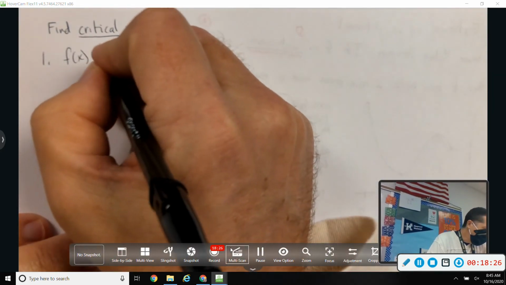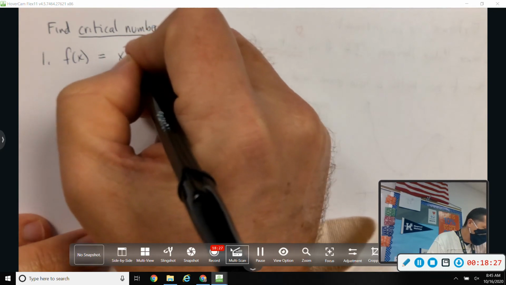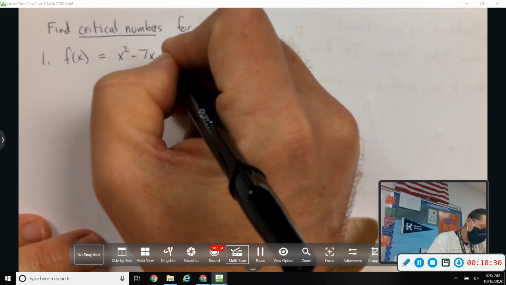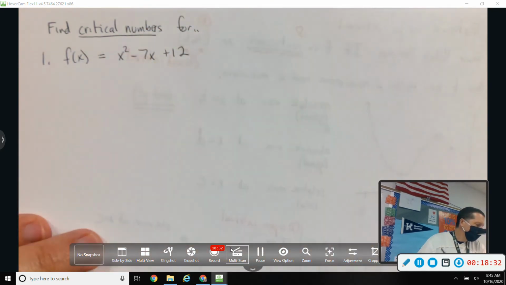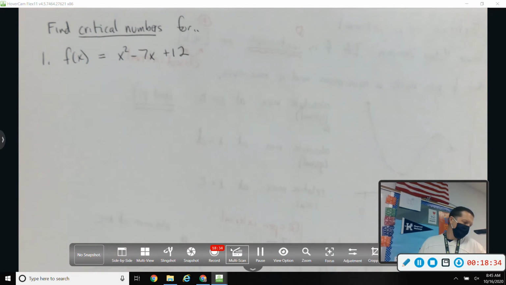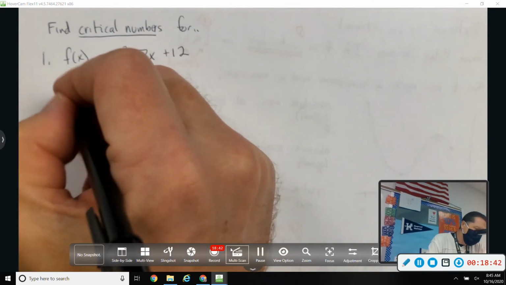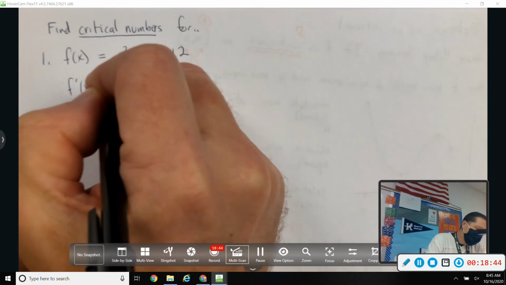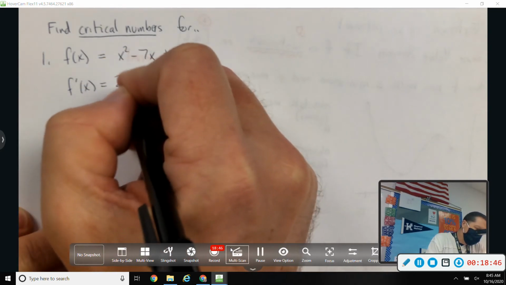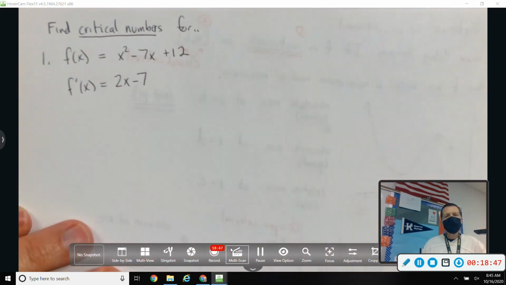So f of x equals x squared minus 7x plus 12. Critical numbers, where the derivative is 0 or undefined. So let's find the derivative: 2x minus 7. And I want to know where that's 0 or undefined.